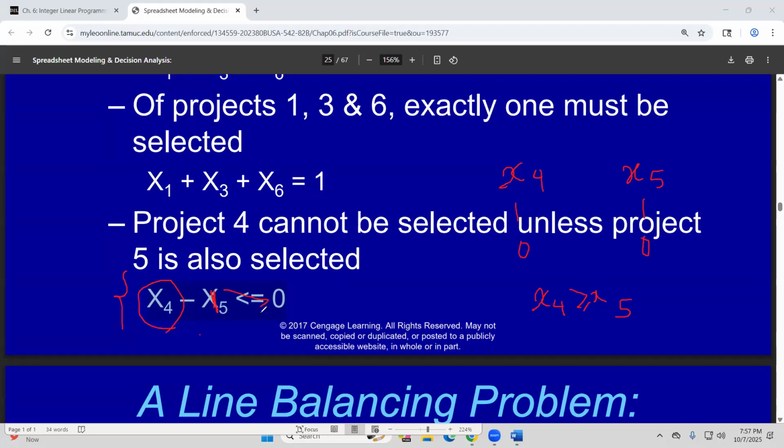I think this should be greater or equal. So I think there is a typo. This one is right, right? Because that doesn't show that, right? Do you agree, guys? I think this should be x4 greater or equal x5. X5 can be selected even if x4 is not selected.